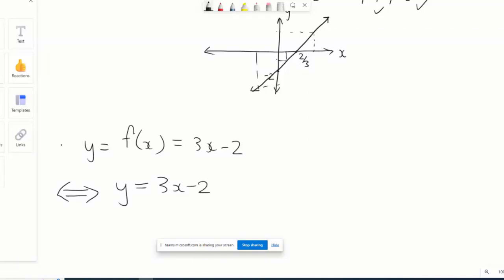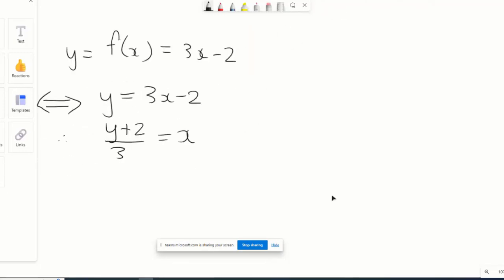When I do the manipulation, you will notice that y plus 2 divided by 3 is equal to x. Do you agree with that, guys? Yes, when I make x the subject of that equation. Can you see there?